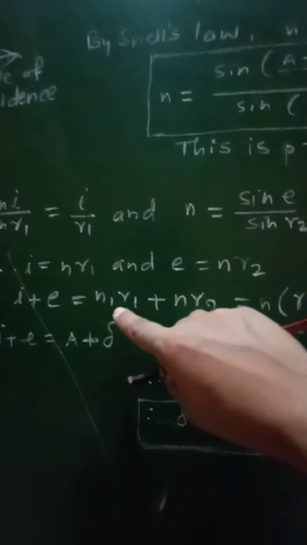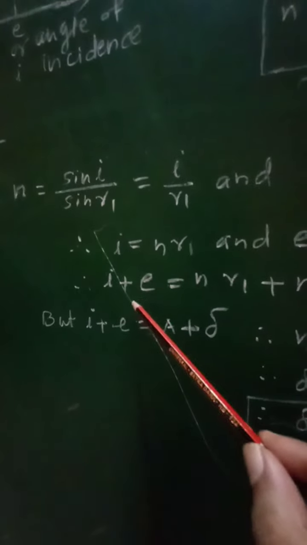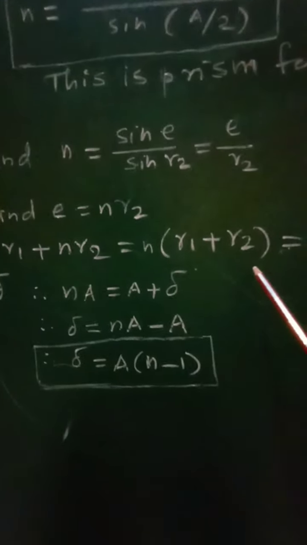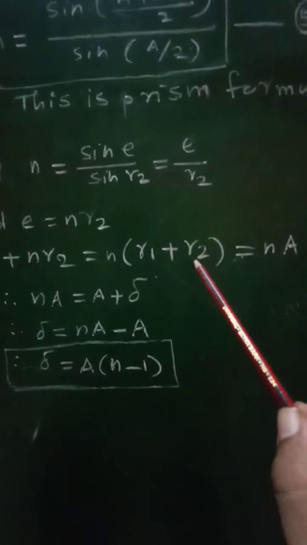Taking n common, that will be equal to n into R1 plus R2. And as R1 plus R2 is A, that will be equal to n into A.